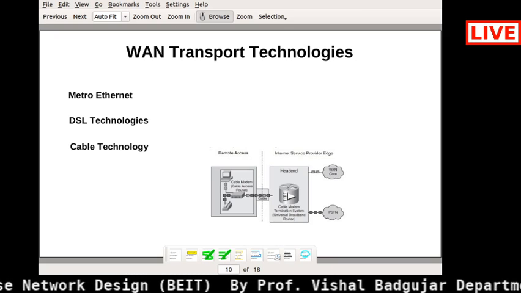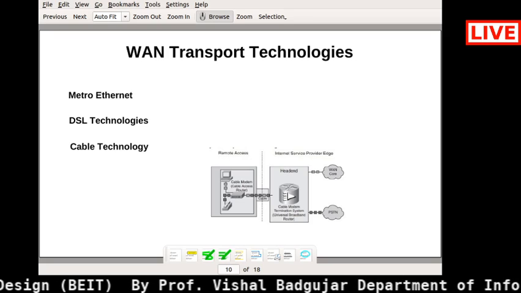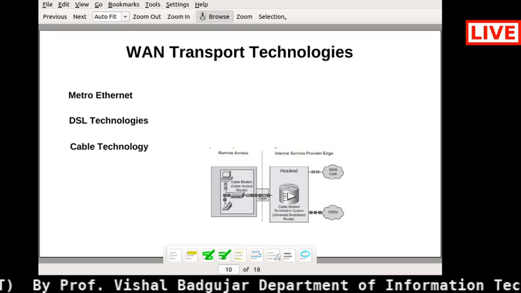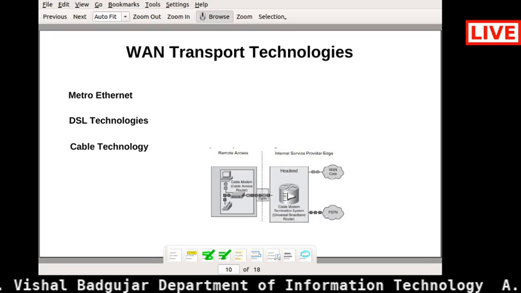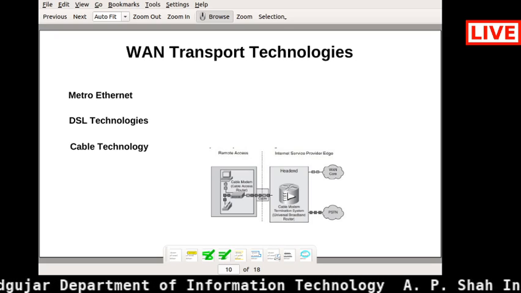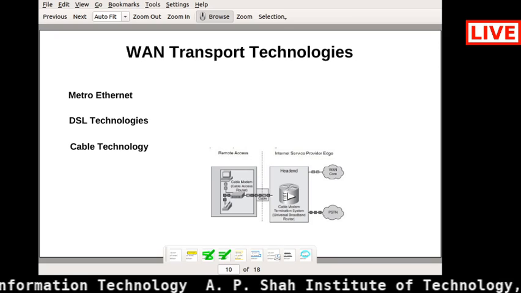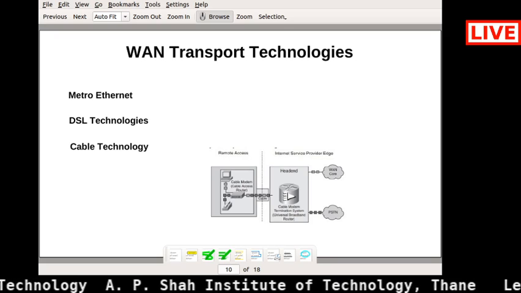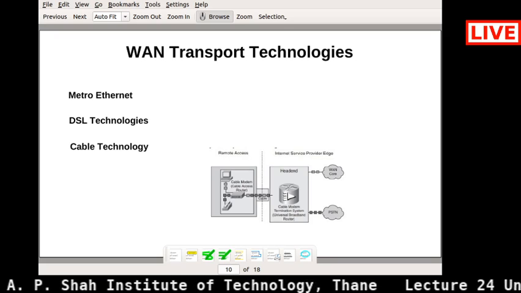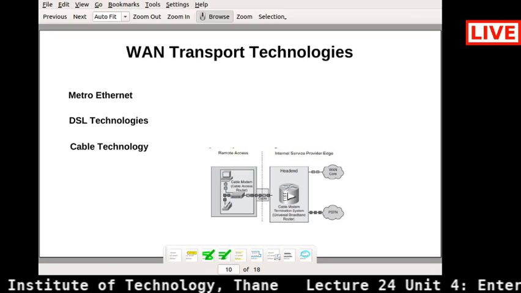It is based on the Ethernet technology that we deploy on an enterprise LAN. It gives you a high-performance network in a metropolitan area, which meets the need for faster data speed and the QoS requirements they have.